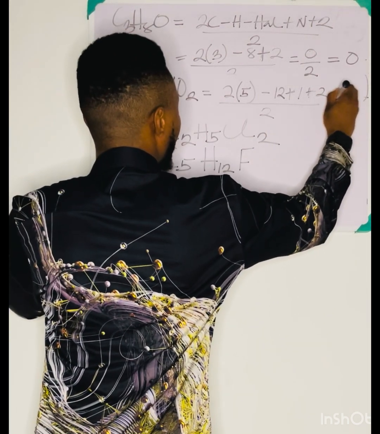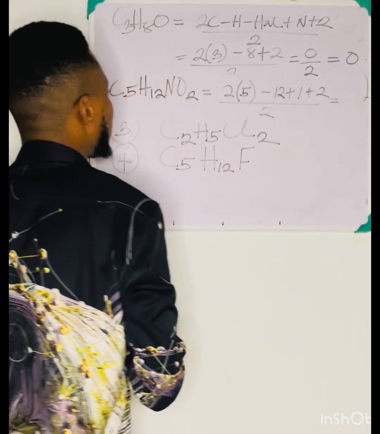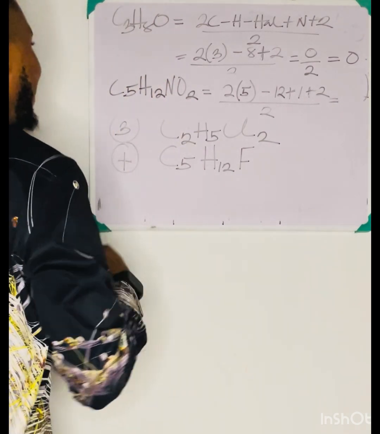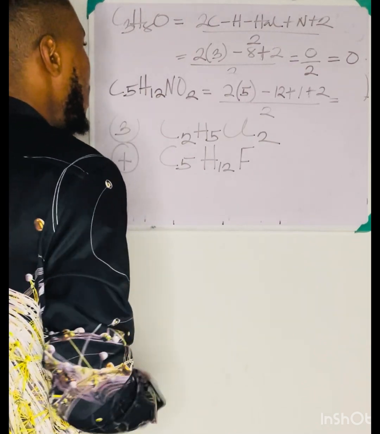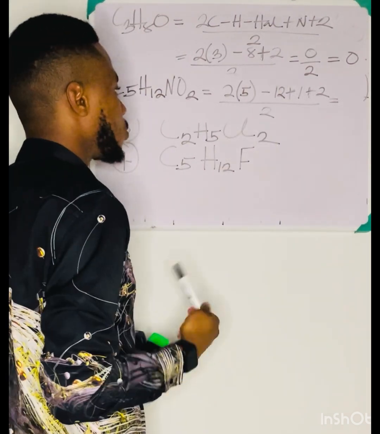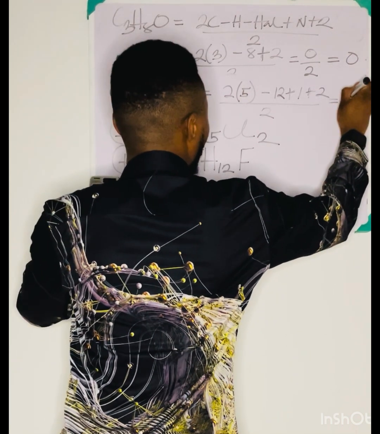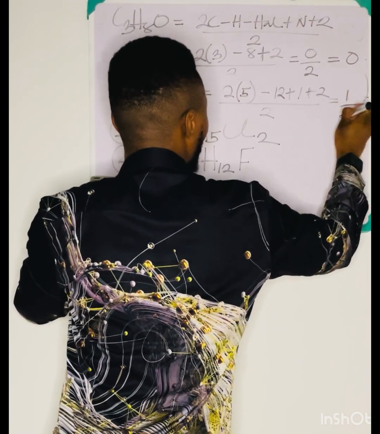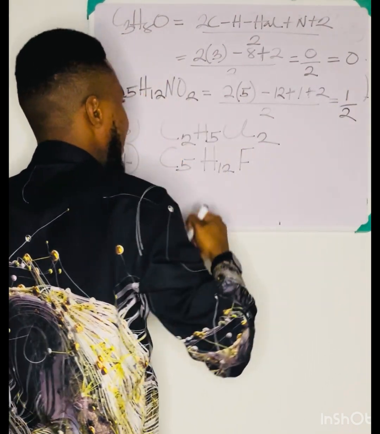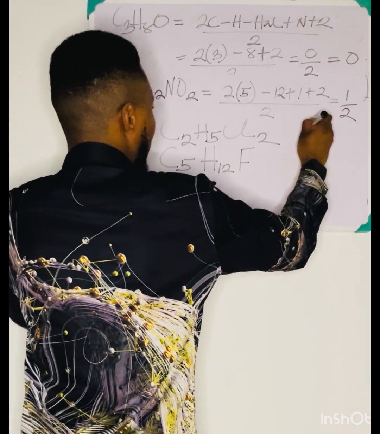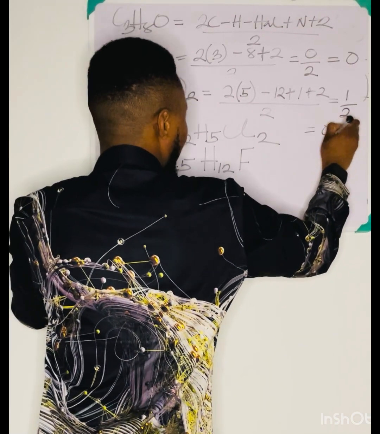So 2 times 5 minus 12 plus 1 plus 2. This will give us 2 times 5 is 10. 10 minus 12 is minus 2. Minus 2 plus 1 is minus 1. Minus 1 plus 2 is 1. So we have 1 over 2. When you have a fraction like this, there's nothing like half hydrogen. Okay, so you just say 0.5.